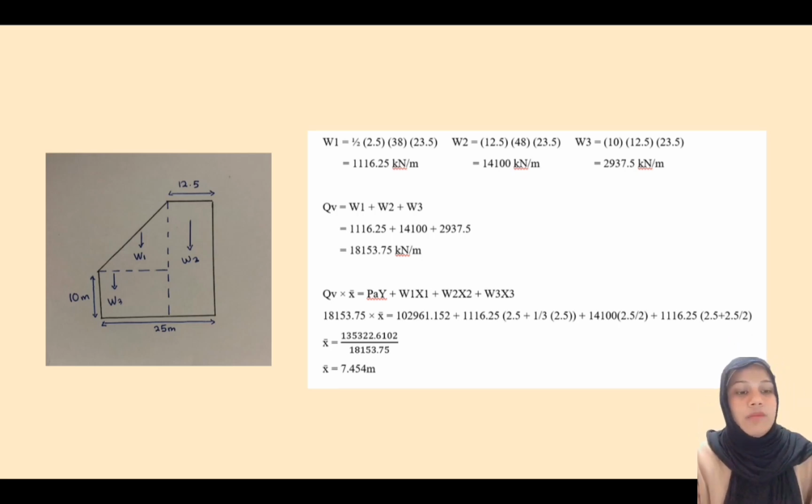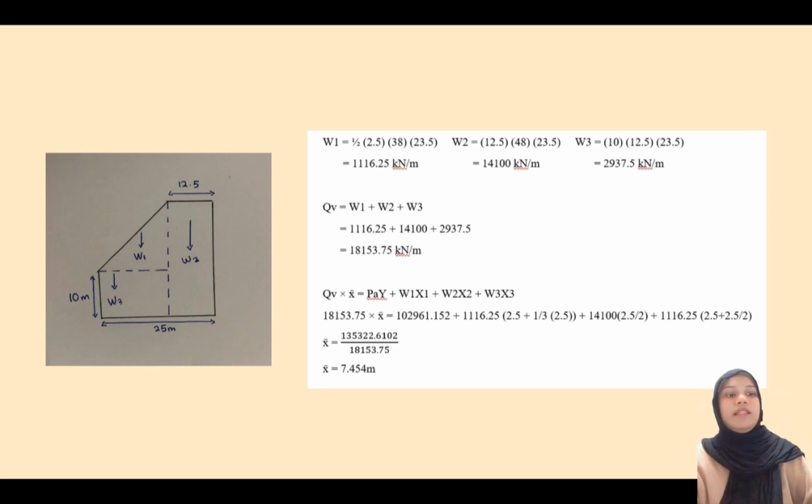And then W2, the shape looks like a rectangle, so we use the formula 12.5 multiplied by 48 multiplied by 23.5 equal to 14100 kilonewton meter. And then W3 also the same like W2, so we just fill in the value, which is 10 multiplied by 12.5 multiplied by 23.5.